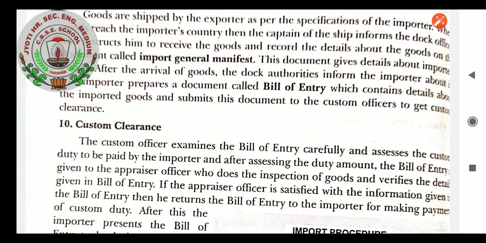The customs officer examines the bill of entry carefully and assesses the customs duty to be paid by the importer, and after assessing the duty amount, the bill of entry is given to the appraiser officer.